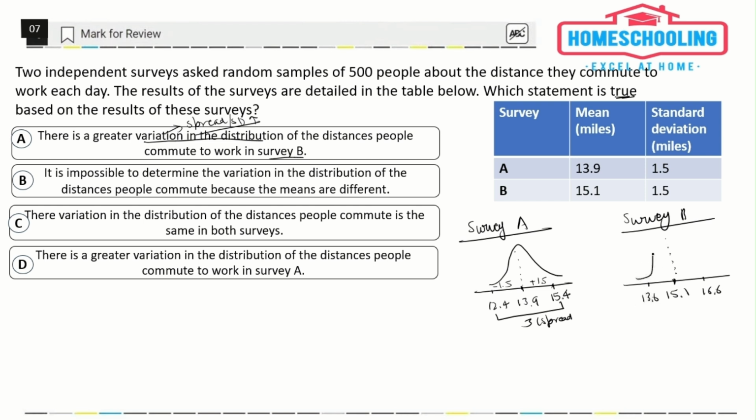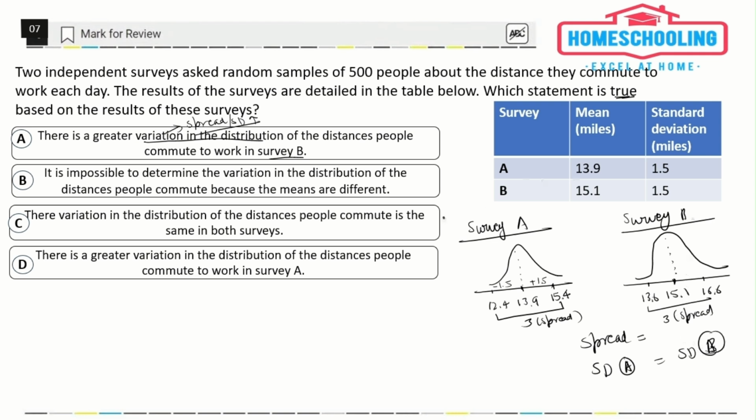So we will get a similar graph like this. As we can see, the spread is from 13.6 to 16.6. So 16.6 minus 13.6, we have the same spread. The spread in survey A is equal to the spread in survey B. So we can say that the standard deviation of survey A is equal to the standard deviation of survey B.